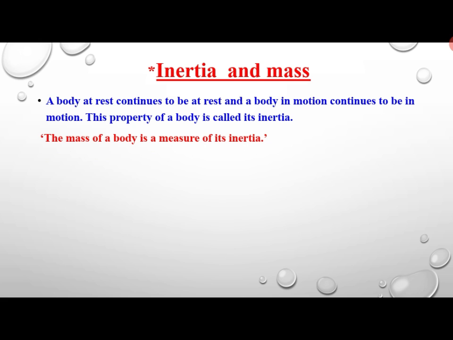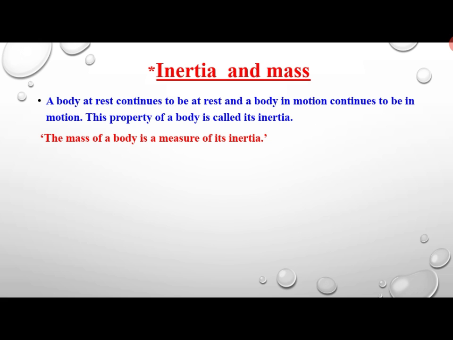The more the mass, the more the inertia, and the more force we need to apply to change the state of that particular object. The less the mass, the less the inertia, and the less the force applied. So, in order to make a heavy object move, we need to apply more force, and that is directly related to the mass of the object.